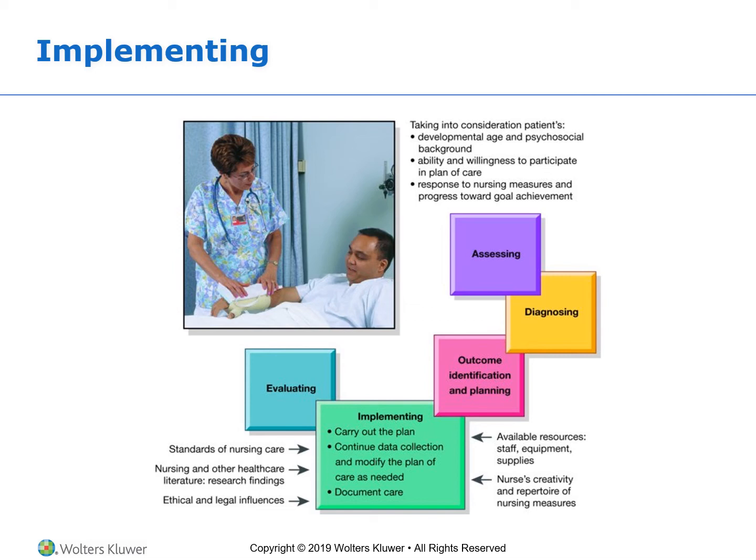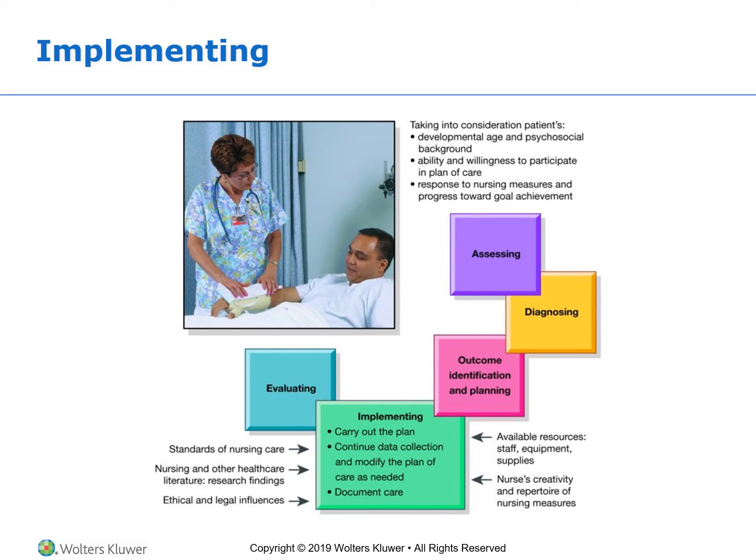So while we're implementing these plans, remember that we're taking into consideration the patient's developmental age and psychosocial background, their ability and willingness to participate in the plan of care, their response to the nursing measure, and their progress towards the goal achievement, as well as making sure that we're implementing those standards of nursing care, that we've done our nursing research to ensure that it supports our plan of care, and that we fall within the ethical and legal guidelines.